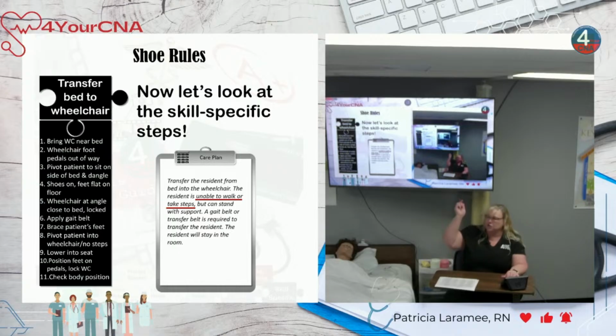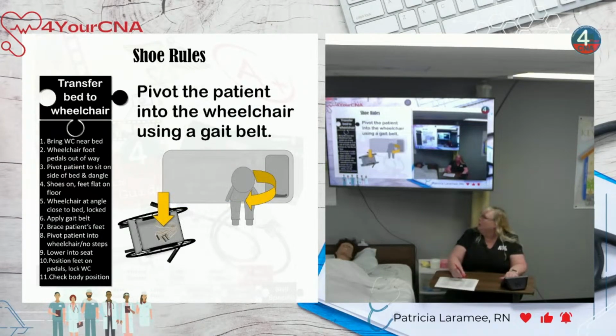The evaluators are looking for this. If that wheelchair is not close enough to the bed and your patient has to take a step, it's going to affect your grade because the patient can't. So do you see how far away that wheelchair is from the patient? If I stand that patient up, are they going to be able to sit in that wheelchair without taking a step?